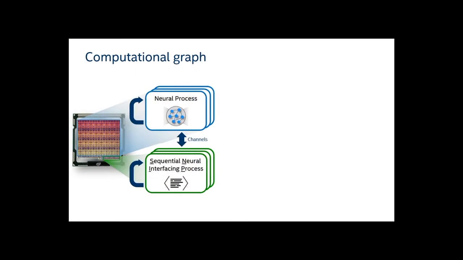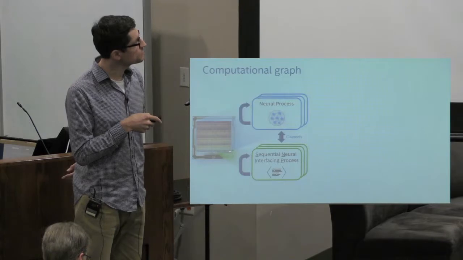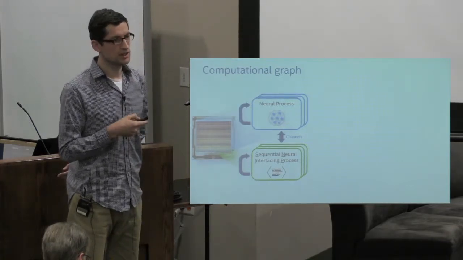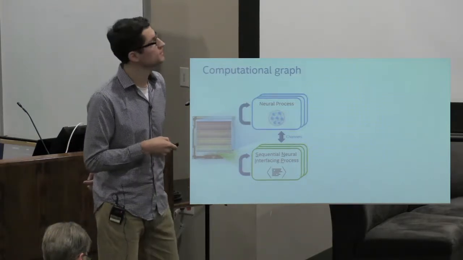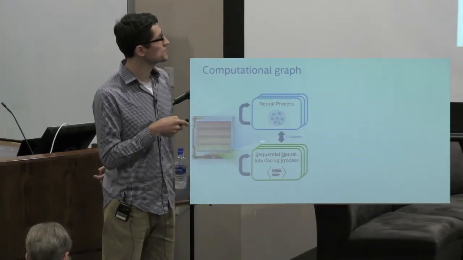They execute on this distributed sea of neural cores on our Loihi system. And on the various other CPUs, and also these embedded CPUs here at the periphery, we have these sequential neural interfacing processes, these sequential pieces of code, C code essentially. So we have these processes running on here.